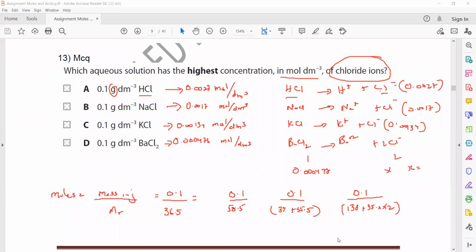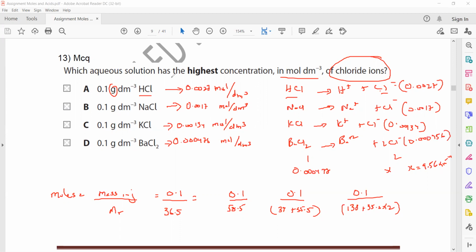We will get the concentration of the chloride ions. So it will be 9.56 times 10 to the power minus 4, or we can also say it is 0.000956.